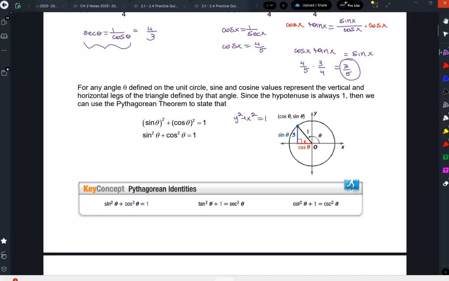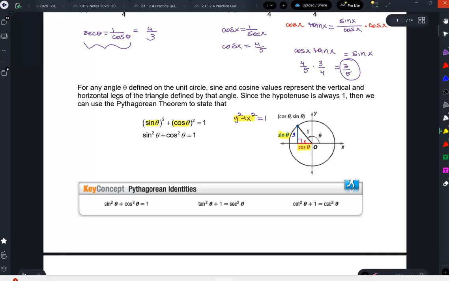Now, in this case, if I have a triangle like this inside a unit circle, I know that this y is actually sine of theta, and this x is actually cosine of theta. So another way of writing y squared plus x squared equals 1 is sine theta squared plus cosine theta squared equals 1.